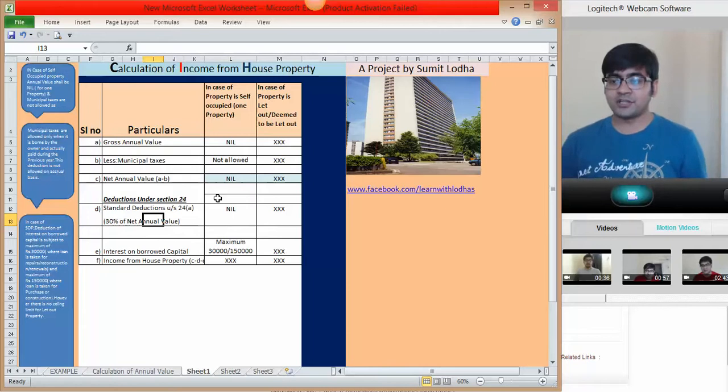Moving ahead to interest on borrowed capital, there are two limits: one is 30,000 and another is 1,50,000 rupees.